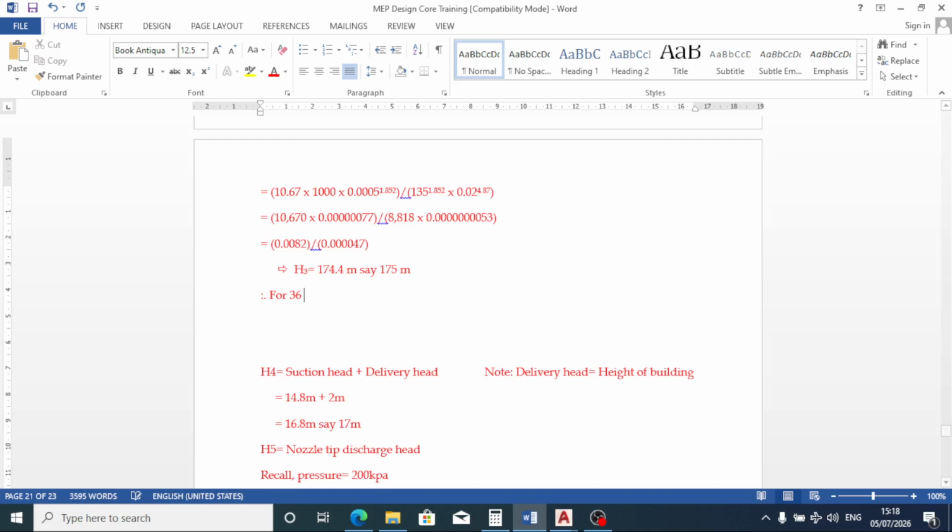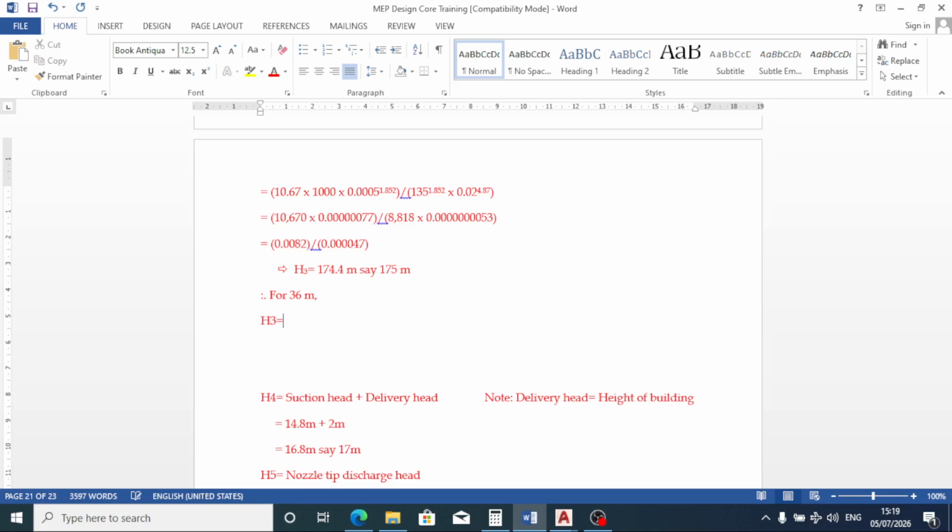For 36 meter of run, our H3 will be equals to 175 multiplied by 36 divided by 1000, which is equals to what?